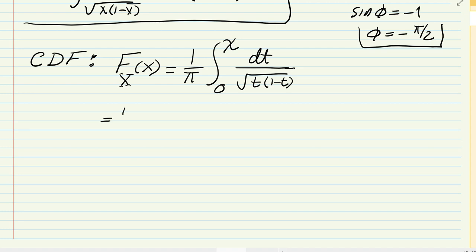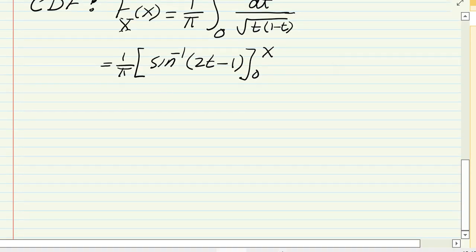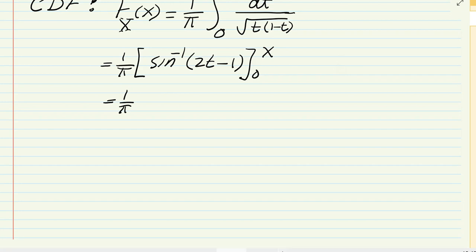Okay, and then I can write this as 1 over pi. Now, the integral of the integrand, once you evaluate it, is going to be arcsine of 2t minus 1 evaluated from 0 to x. Again, we plug in the upper limit and then subtract the lower limit.